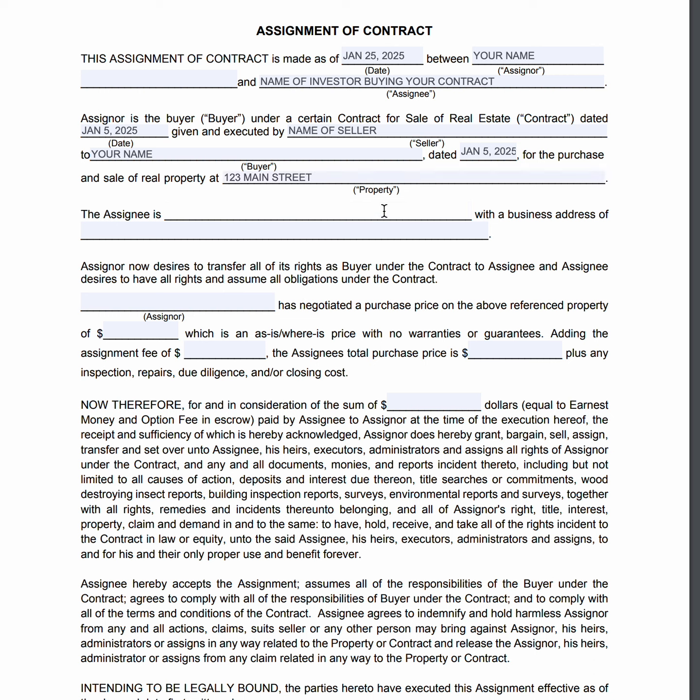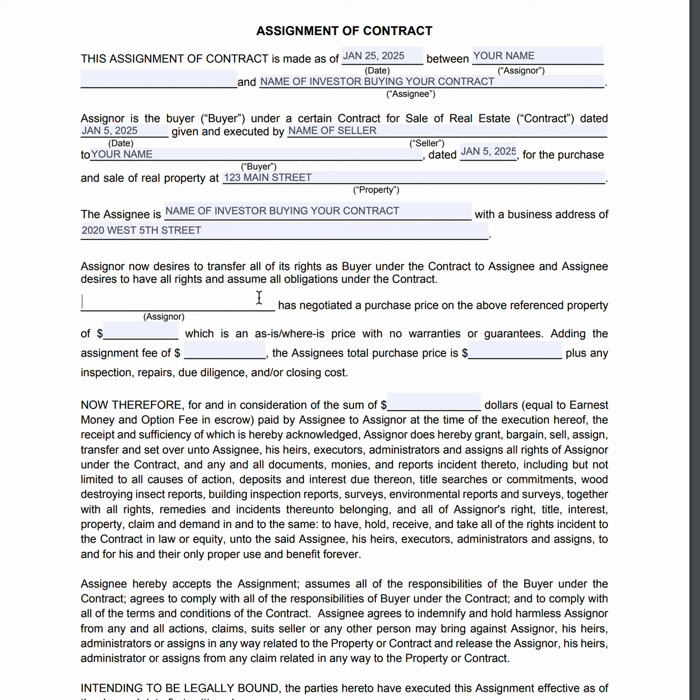Then the assignee is, this is the name of the investor buying your contract. And then let's pretend the street is 2020 West 5th Street.